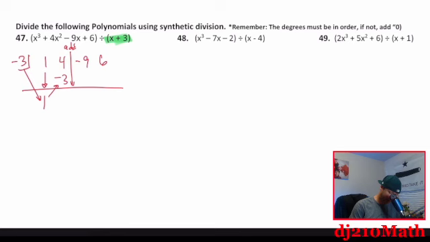So this is add. This is times. Okay. So 4 plus -3 is 1. And then you start the process over. Times -3. Add. So -12 times, this is going to be positive 36. Add, 42.